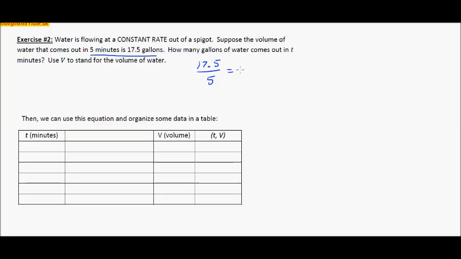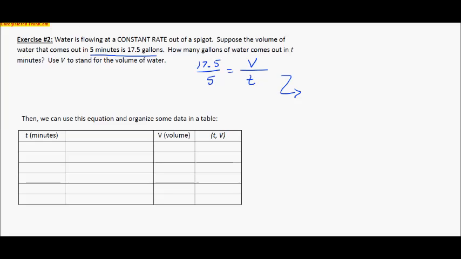So I'm going to match those up with my variables here. T is in minutes, so the T is going to go down here, and the V is the volume of water, so that would match up with the gallons up here. So I'm going to put V up there, and I'm going to do the same thing that I did before. I'm going to solve this equation for V, for volume.